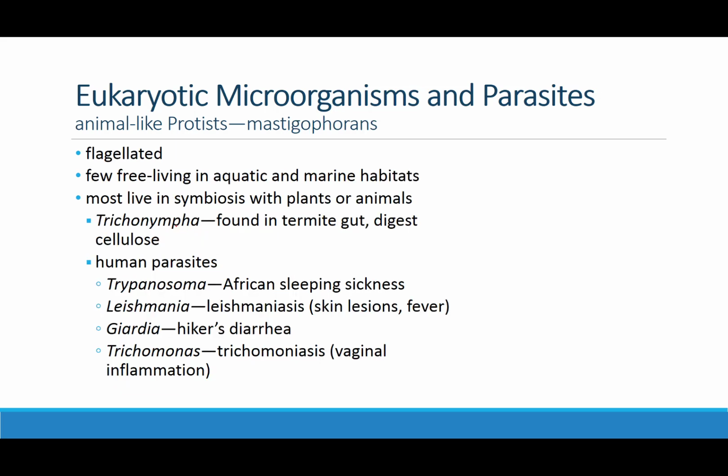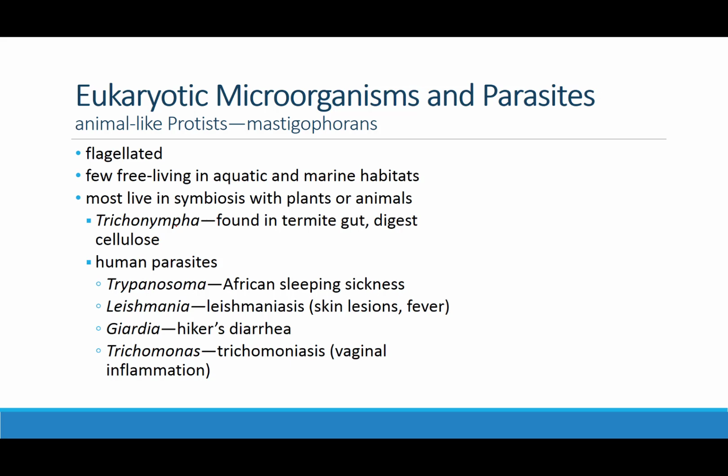So the mastigophorans include some of the human parasites. So Trypanosoma, that is a blood parasite that causes African sleeping sickness. Leishmania, Leishman is the person's name that it was named after, causes a disease called leishmaniasis, which leads to the development of skin lesions and fevers.